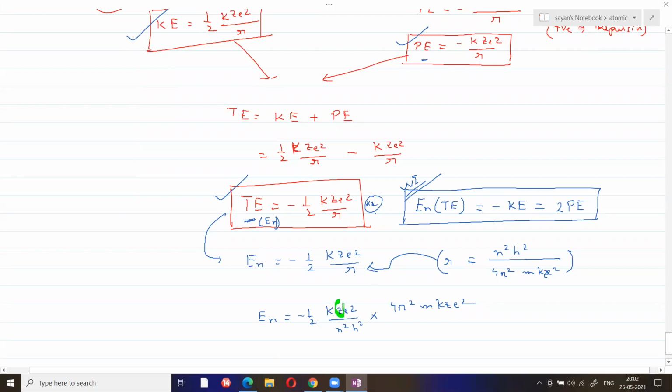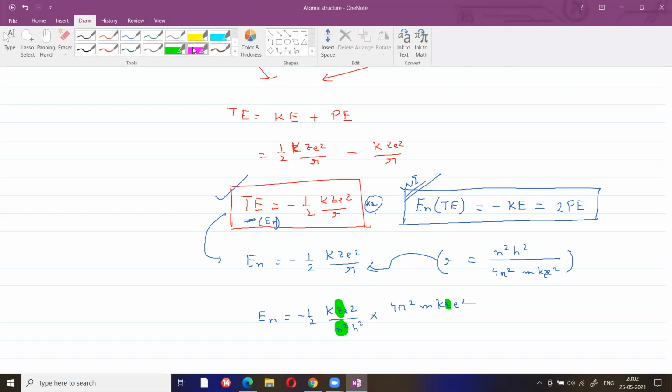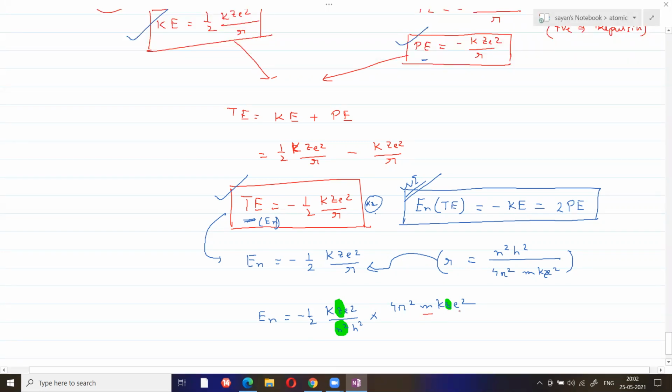Z value changes with different atoms, and the n value differs if the shell number is given. If the shell number changes, the n value changes. Others, all the stuff: h, the mass of electron, charge of electron, k is a constant, pi value, Planck constant, all the values are the same.